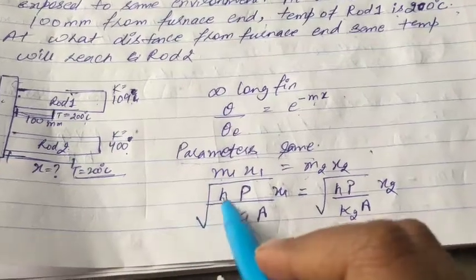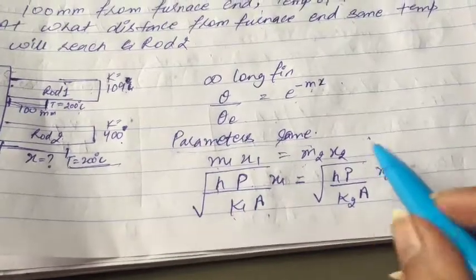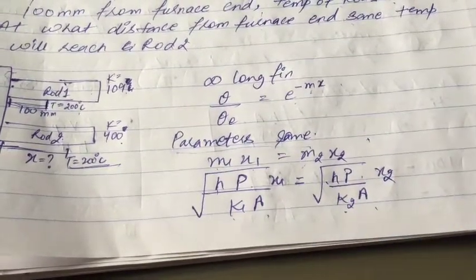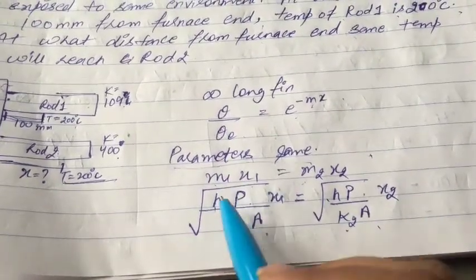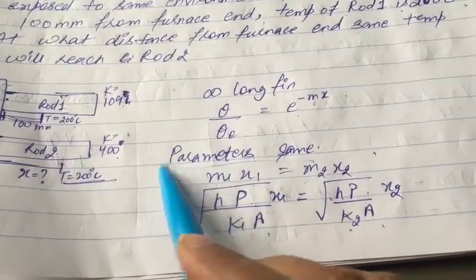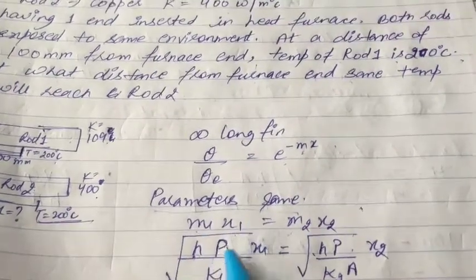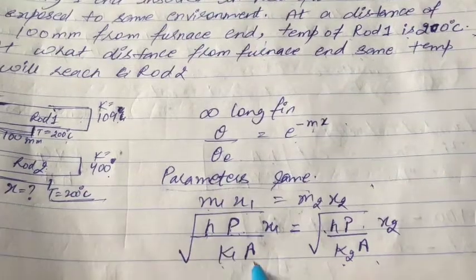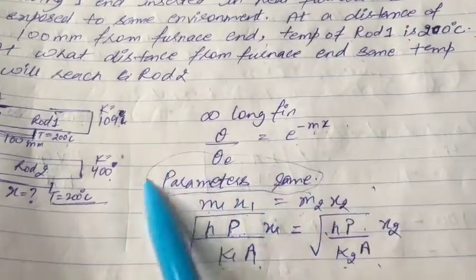m we know is root of h into perimeter upon k1 A, and m2 would be root of h into perimeter upon k2 A. Here the heat transfer coefficient h would be the same, the perimeter P would be the same, and area would also be the same because it is said in the question that the parameters are the same.